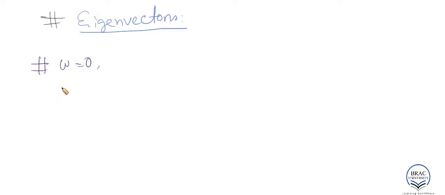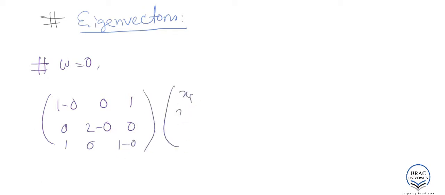So if omega is 0, then you will have 1 minus 0, 0, 1, then 0, 2 minus 0, 0, and finally 1, 0, 1 minus 0. And here you will have x1, x2, x3, right? These are coming from our past lectures on the eigenvalue equation.